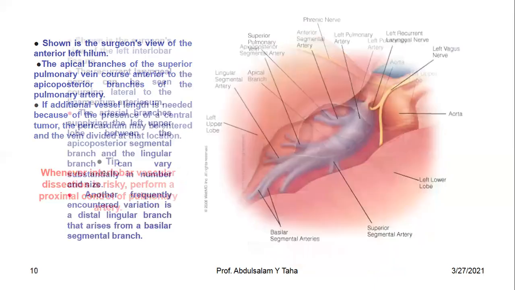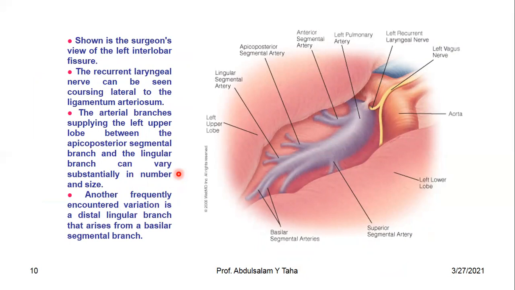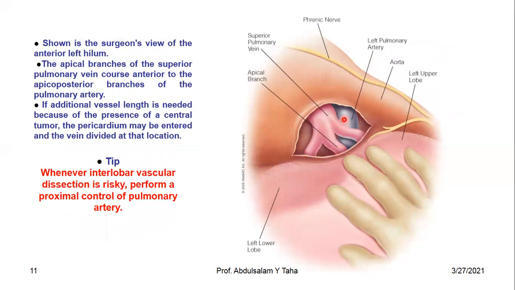So if we go back to this slide, for example, if we find that the interlobar dissection is risky because of adhesions, scarring, the presence of adherent lymph nodes, etc., and we are afraid of possible injury of the pulmonary artery in this region, we have to do a vascular control of the pulmonary artery in the region of the hilum, so that whenever we have an injury to the pulmonary vessel, we can simply apply a vascular clamp here until we control the bleeding.